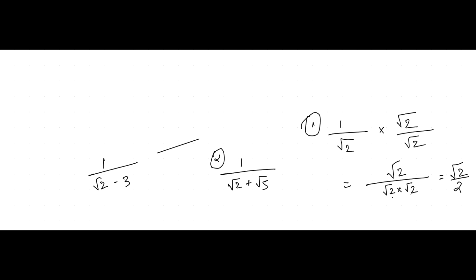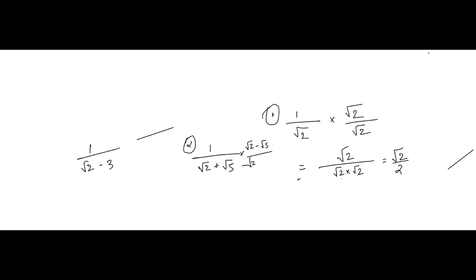For that we have to do a minus b multiplication in the numerator and a minus b multiplication in the denominator.